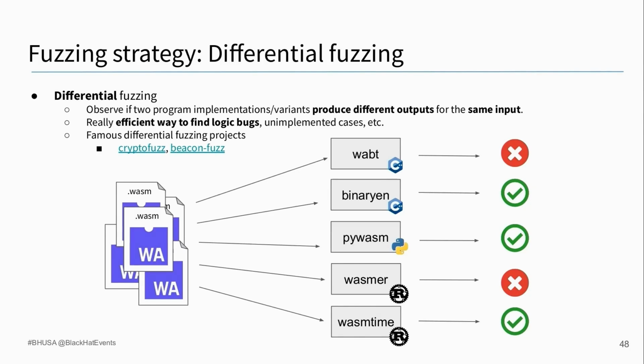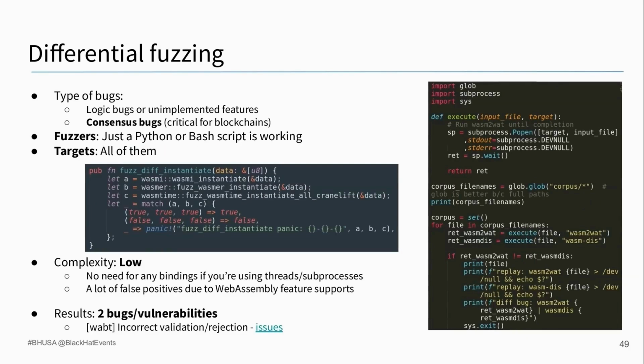Logic bugs can look not so appealing, to be honest. It always depends on the context and who is running the WebAssembly module. Typically, what you will have most of the time are unimplemented features, especially in WebAssembly. So it will require a lot of debugging and manual analysis to determine that there is no false positive. That's the downside.